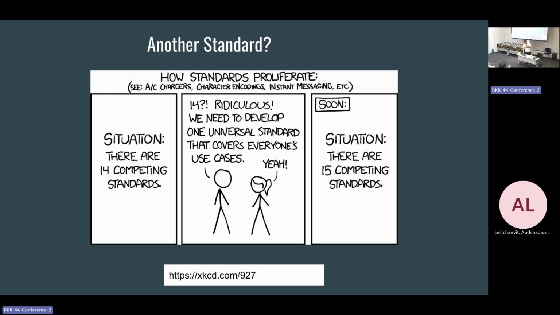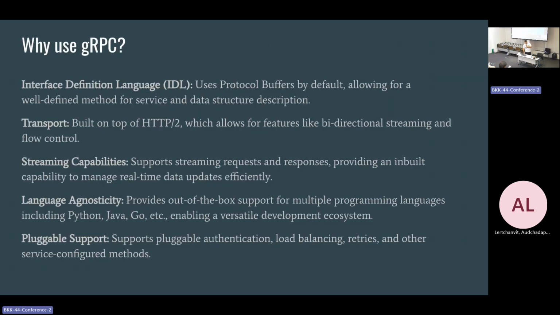But gRPC is different, because we can see why to use it. It has an interface definition language, which many other frameworks do. An interface definition language is just a language that you specify in the middle that both components, both servers, will be able to communicate through. It uses protocol buffers by default, allowing for well-defined methods for services and data structures, and data definitions.